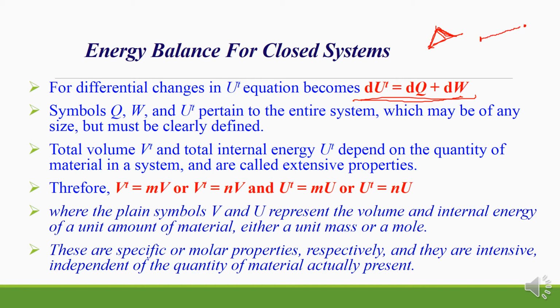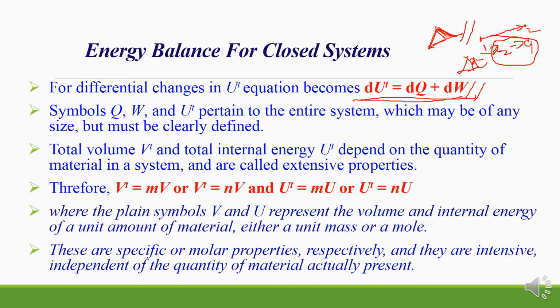This is 2, this is 1, suppose, so x2 minus x1 is delta x. But in differential form, you are considering a continuous change, so that's why delta is replaced by d, the differential change, and here you will get the finite difference.